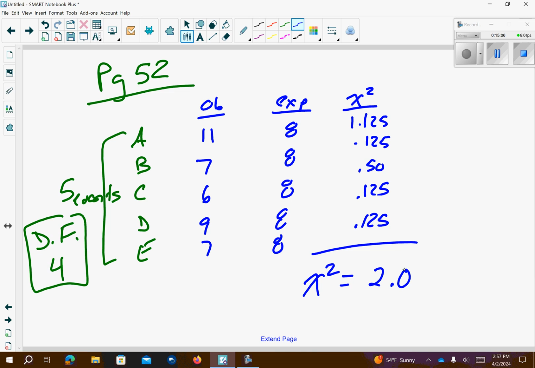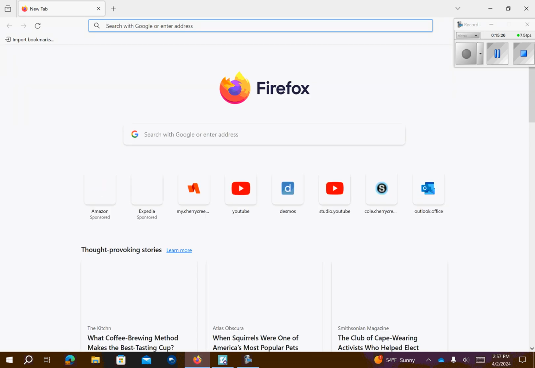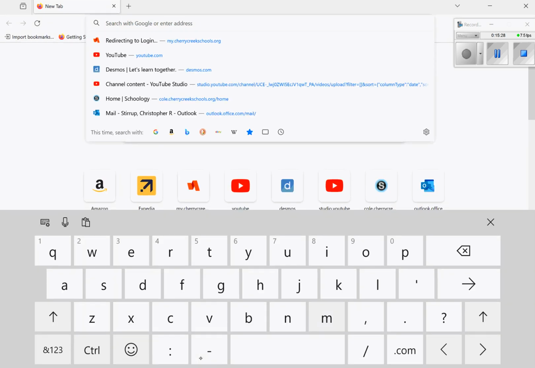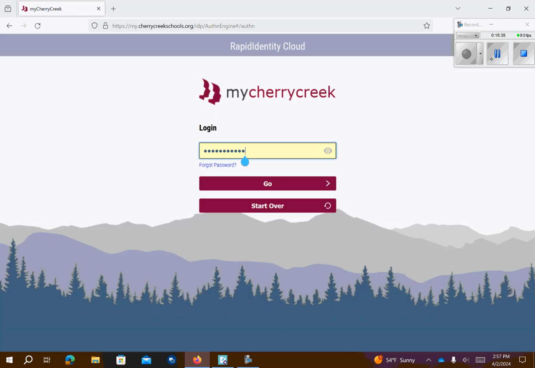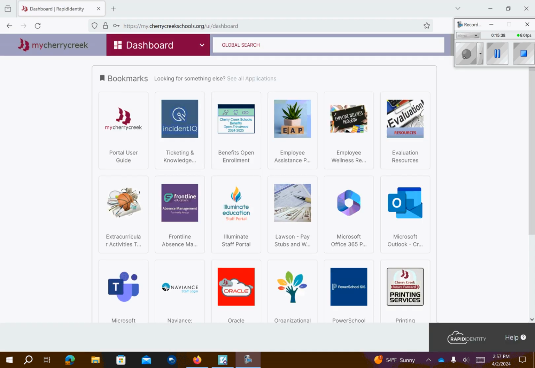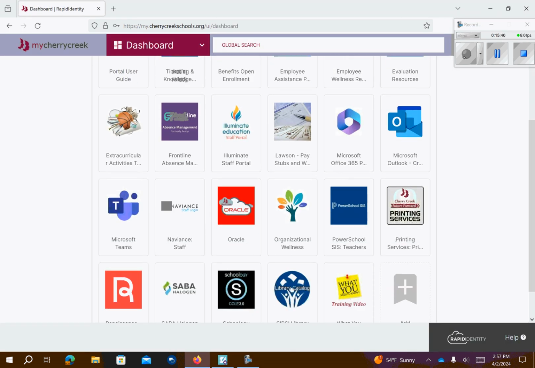Okay, so this is where we can jump in. If you notice they have chi-squared CDF, that's if we're using the graphing calculator. But what I'd like you to do is go to Firefox, get into My Cherry Creek, and go into your Desmos.